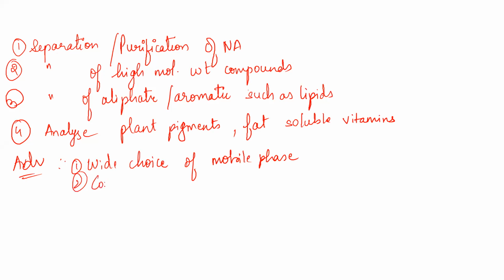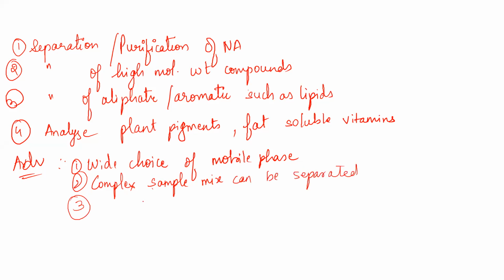So you can use a complicated sample mix also, not just A plus B, but A plus B plus C plus D plus E. And not only the number of analytes, more analytes does not make it complex. Sometimes the chemical nature of the analyte that you are separating also adds to the complexity. The affinity towards adsorption also adds to the complexity.